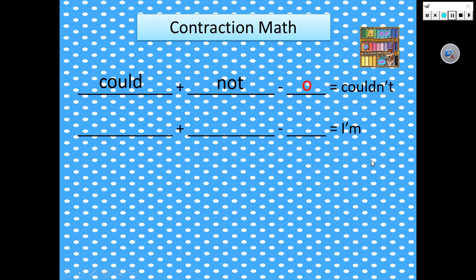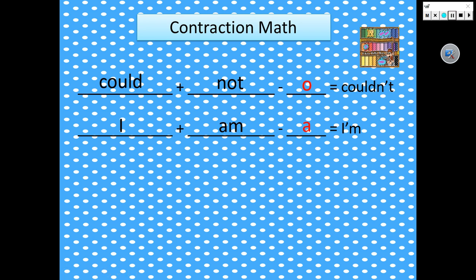So I want you to think, what are the two words that make the contraction I'm? Those two words are I am. And now I want you to think, what is the vowel that we have to take out of the word am to make the contraction I'm? And if you said A, you are correct.